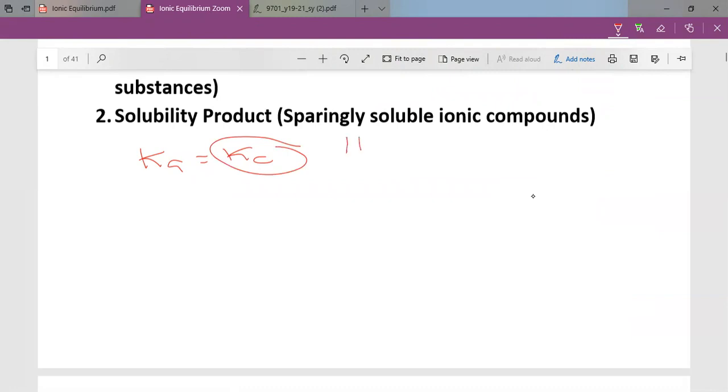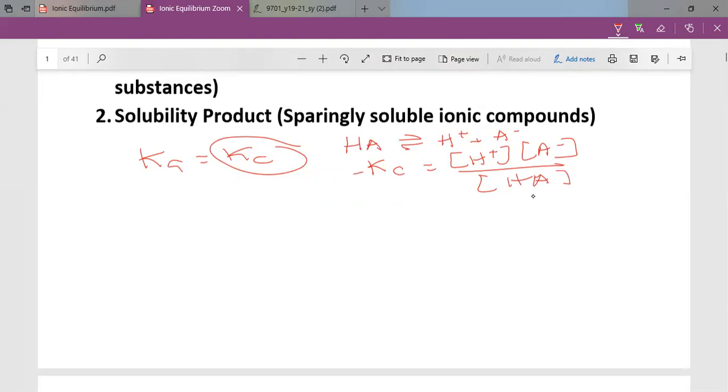Now for an acid, HA, this is the general equation: H is the proton, A is an ion, HA reversible to H plus and A minus. So your Kc is equal to the concentration of H plus and A minus in moles per dm cube over the concentration of HA.